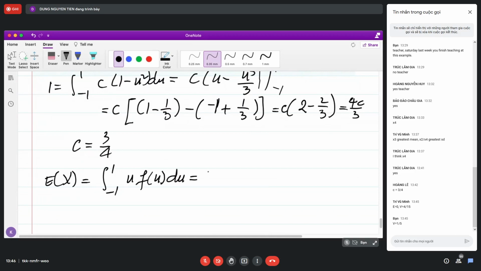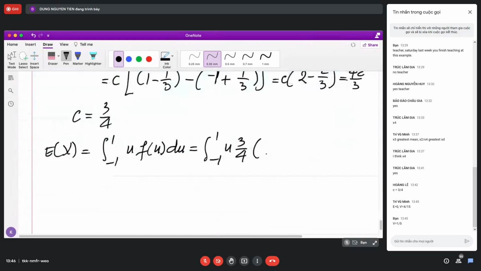Okay, and you get the integral from -1 to 1. u f of u is 3/4 times (1 minus u squared) du. And because this function is an odd function on the interval -1 to 1, that integral is 0. Okay, and then you can find the mean value of x.